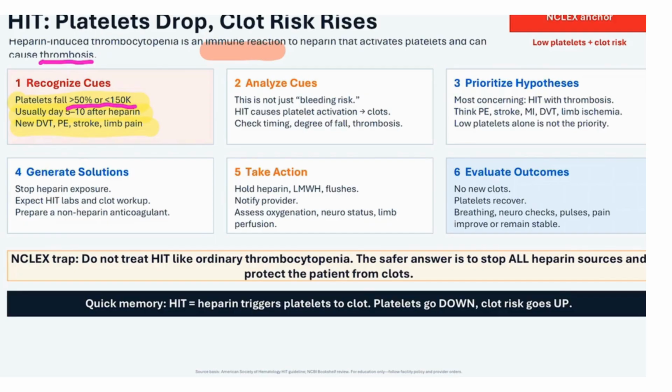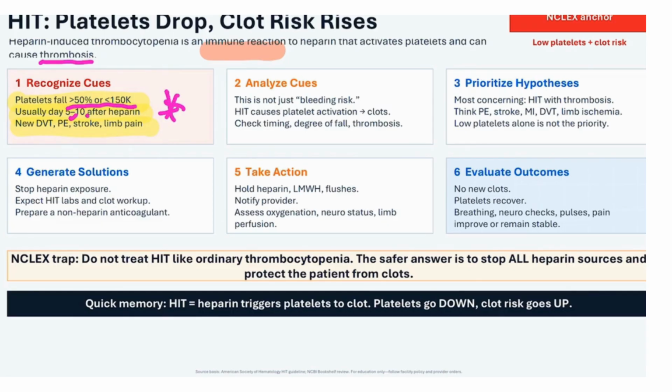The drop commonly begins about 5 to 10 days after starting heparin, although it may occur sooner in someone recently exposed to heparin.